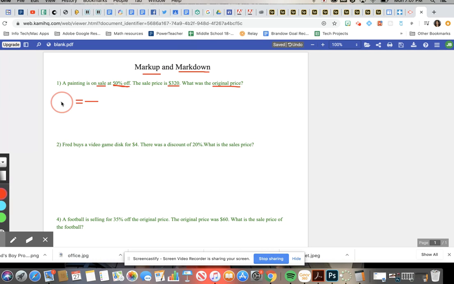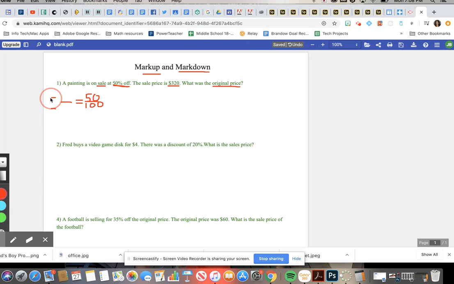And that would look similar to this. So I have this 50%, and I can write that as 50 over 100. 50%, the fraction that goes with it is 50 over 100. Percents are always going to be out of that 100%. And then we have the other piece of information that we know, the sale price. So on the left-hand side, we're going to have something on the top and something on the bottom.